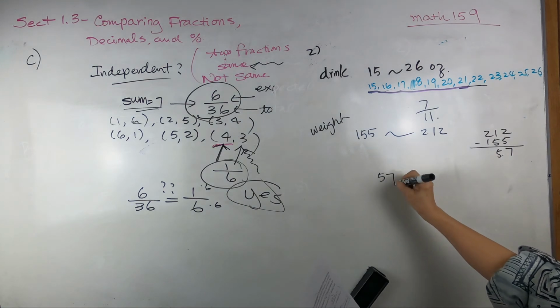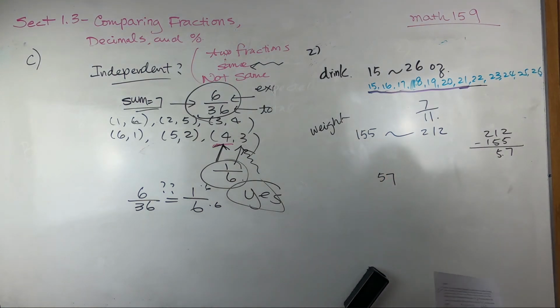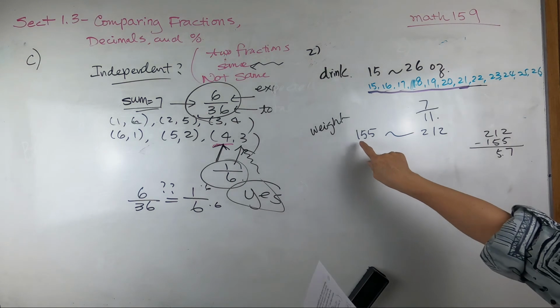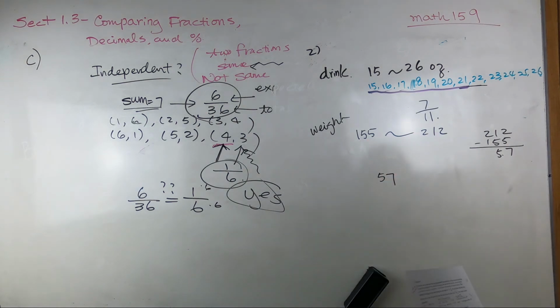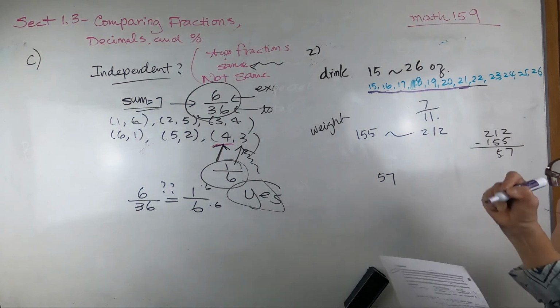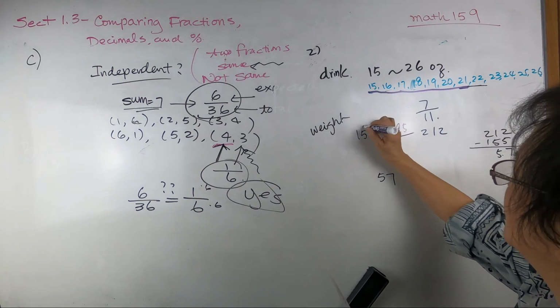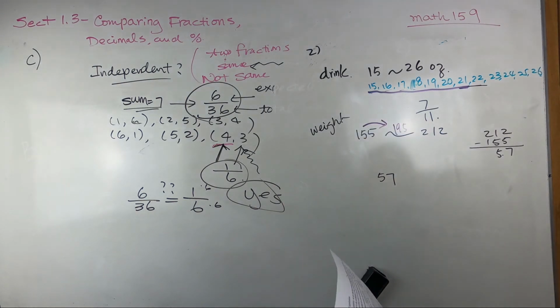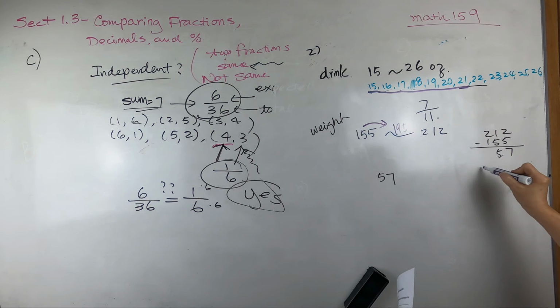So 57 in between. Your number can be 155, 156, and so on. If the person is less than 195 pounds, from 155 to 195, you do 195 minus 155.